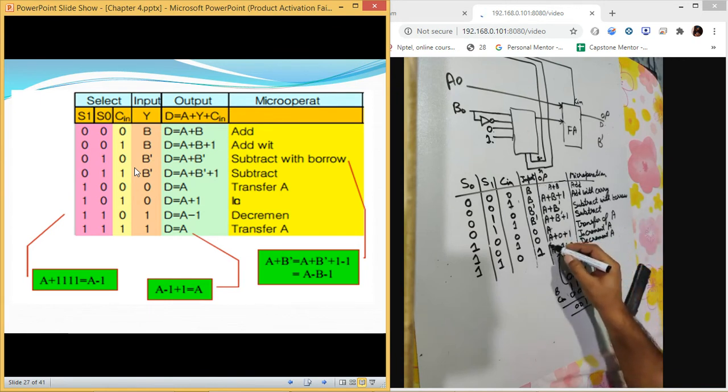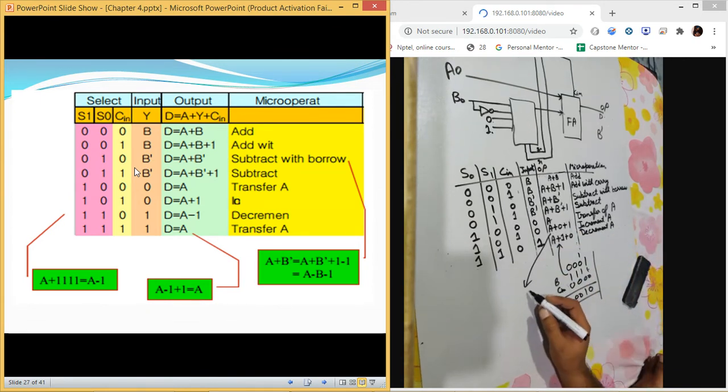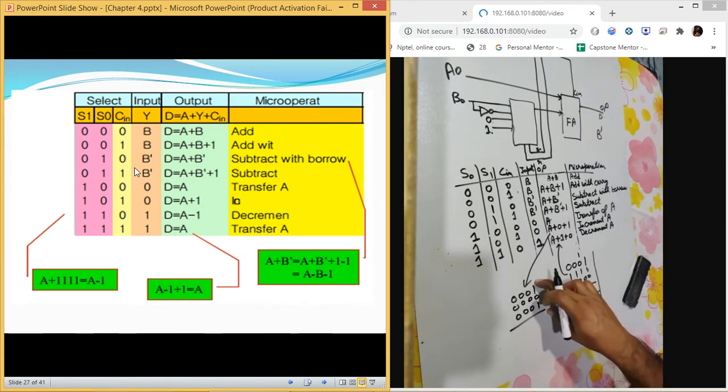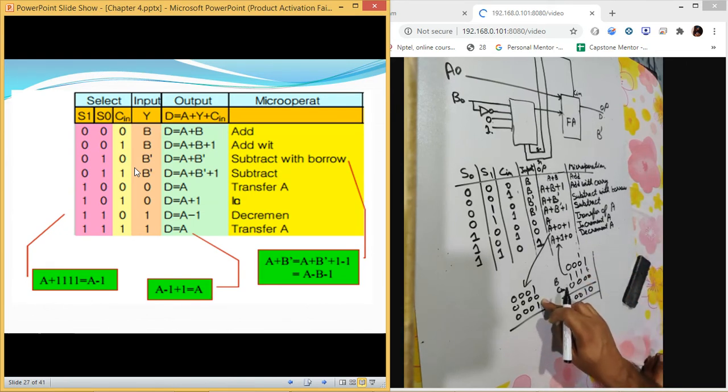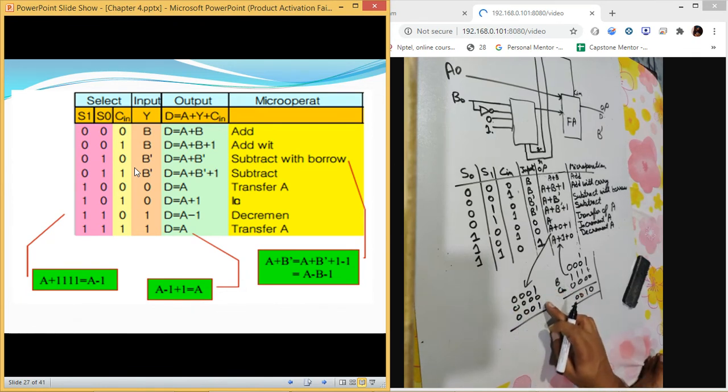And for increment, the values will be something like 0, 0, 0, 1, 0, 0, 0, 0, 0, 0, 0, 1. So there is a difference between this operation and this operation. This is a decrement of A, this is increment of A, because in one we are simply adding a value to it.